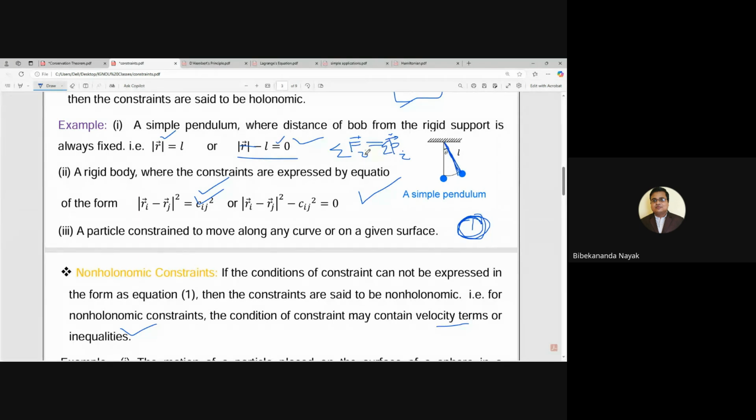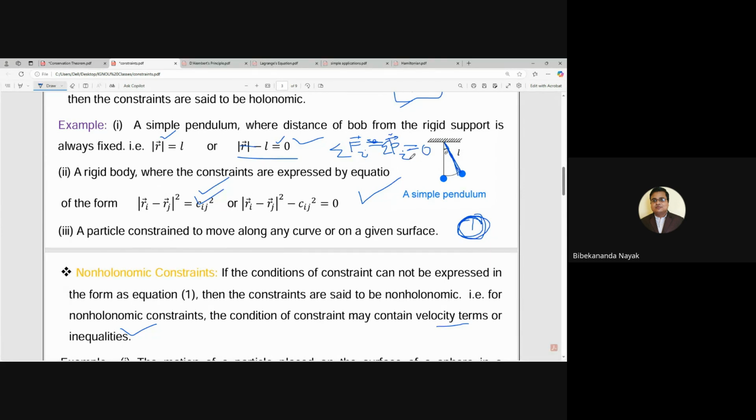So I can say F1 equals P1 dot, F2 equals P2 dot, F3 equals P3 dot. That means the sum of (Fi minus Pi dot) is equal to 0, so F1 minus P1 dot is 0, F2 minus P2 dot is 0.